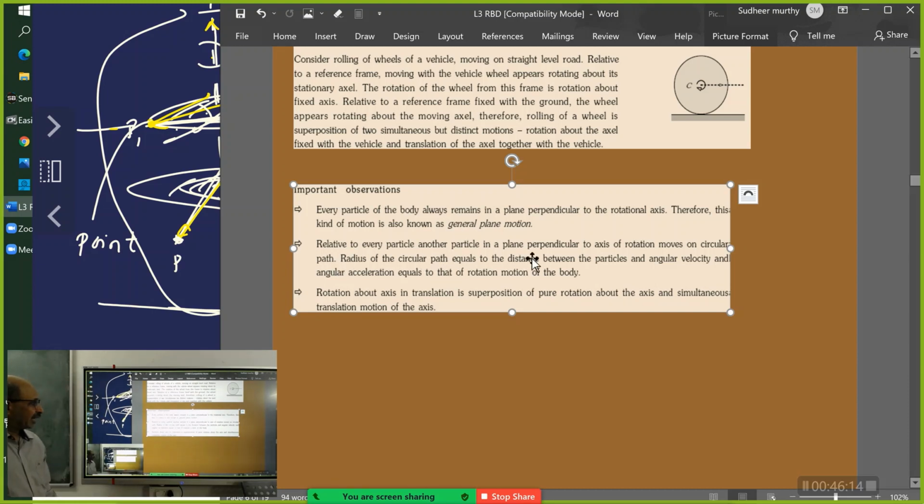Relative to every particle, another particle in the plane perpendicular to the axis of rotation moves in a circular path. The radius of the circular path equals the distance between the particles, and the angular velocities are equal. Already this part has been discussed. Rotation about the axis and translation, their superposition, is important.